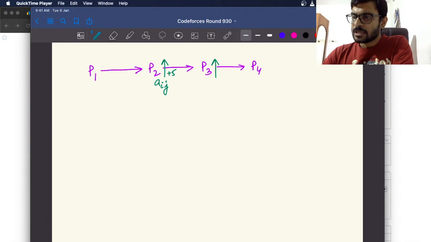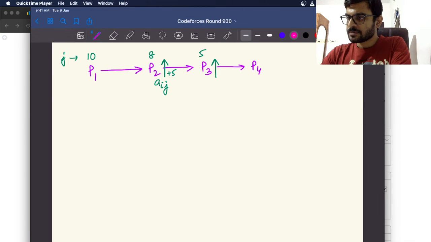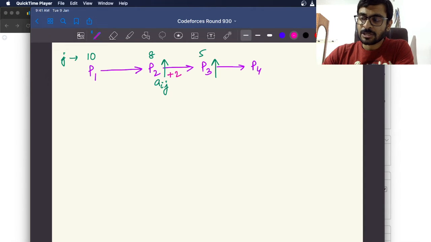Let's say initially for a certain attribute j, the values were 10, 8 and 6, or let's say 5. So this one I have to increase by 2 so that we could come to P2 using this attribute.